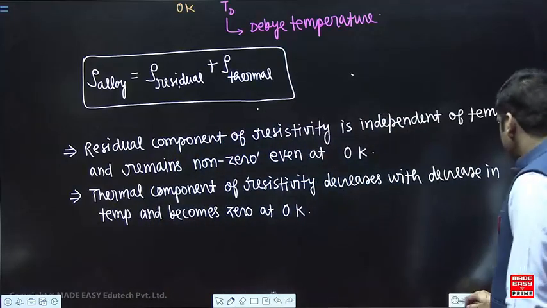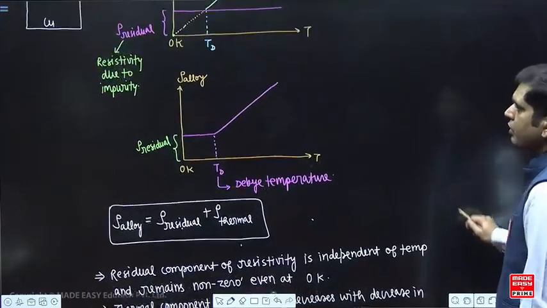So this is the overall resistivity of an alloy.